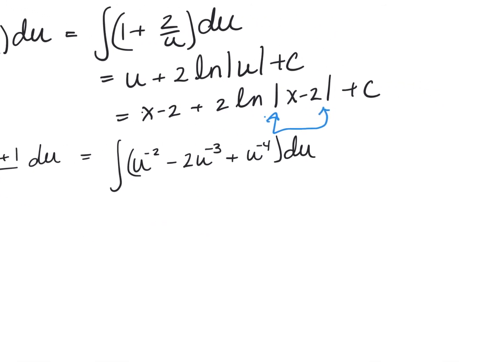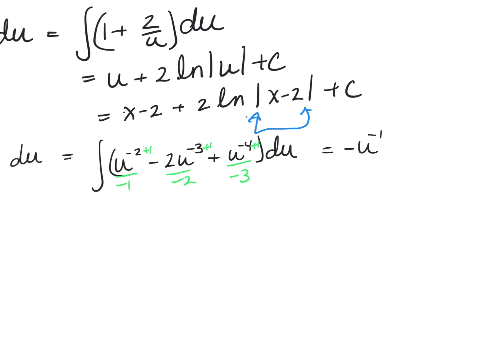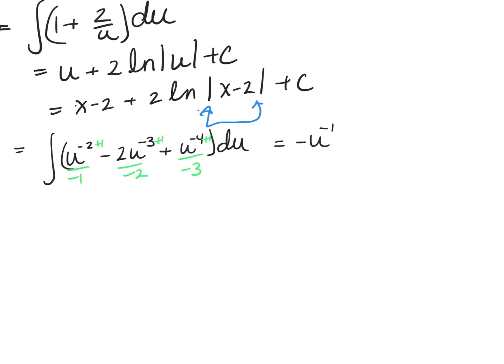And again, I am going to add 1 and then divide by that negative 1, add 1, divide by that negative 2, add 1, and divide by that negative 3. This then becomes negative u raised to the negative 1. The negative 2 and the negative 2 cancel, so then it's going to be plus u raised to the negative 2, and then minus 1/3 u raised to the negative 3 plus c.